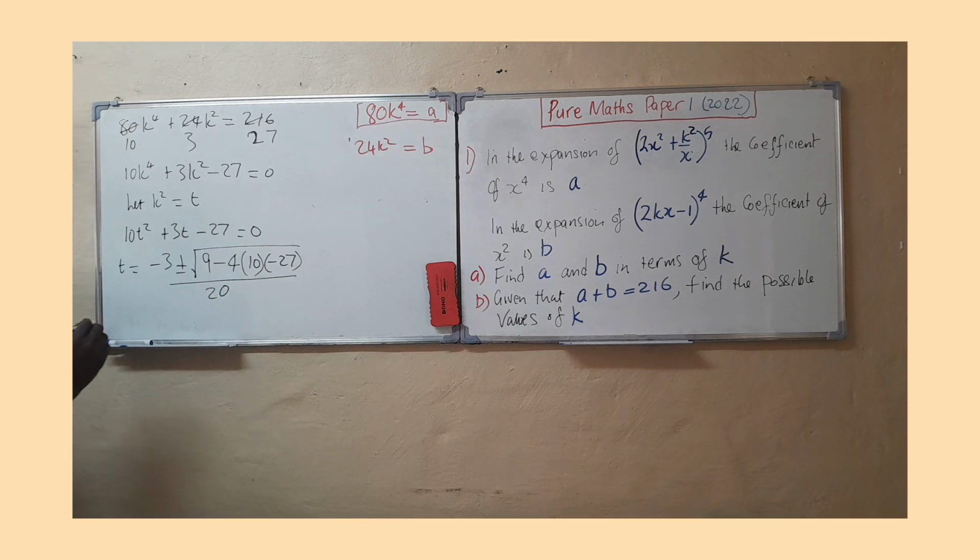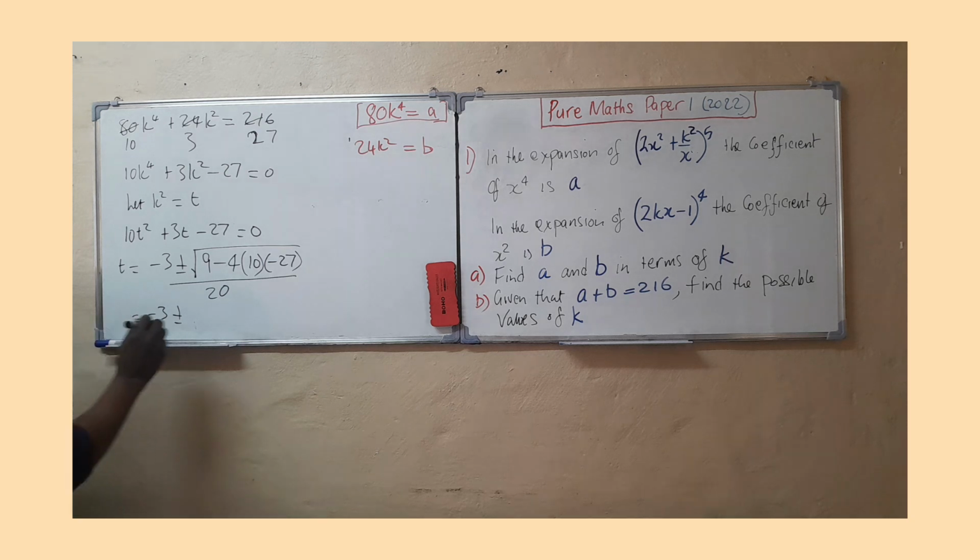Let's simplify this. This is minus 3 plus or minus, I need a calculator here. This, of course, is going to be a plus because there are two minuses there. So it's 40 times 27, which is 1080, plus our 9 there, which is 1089.